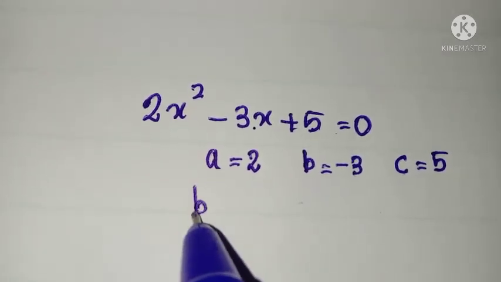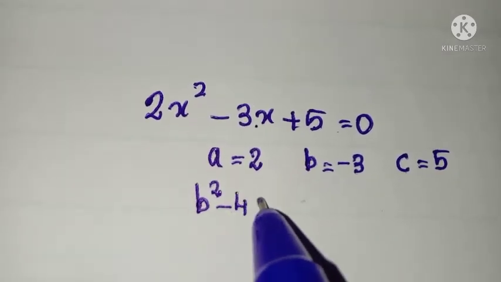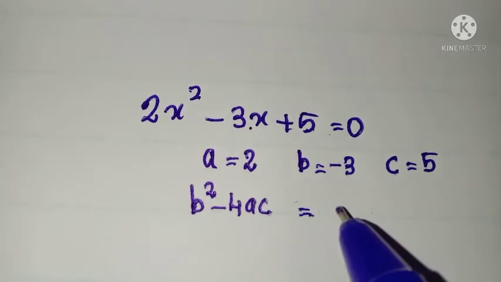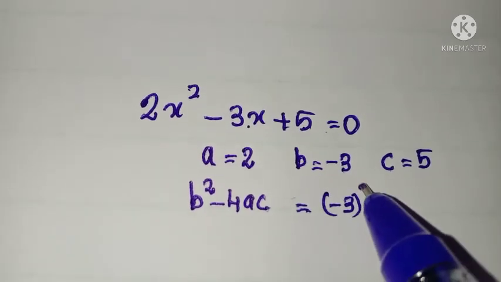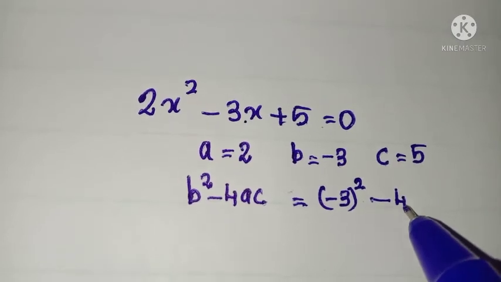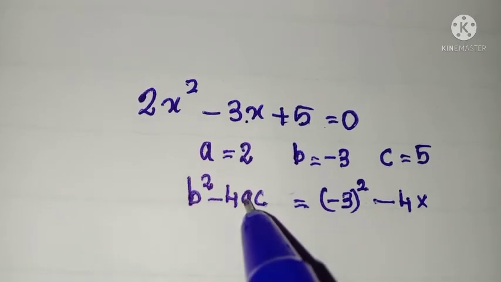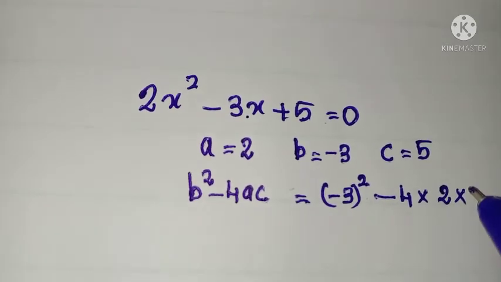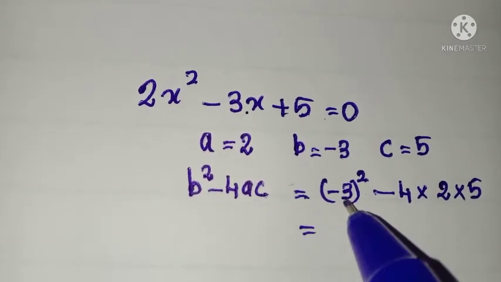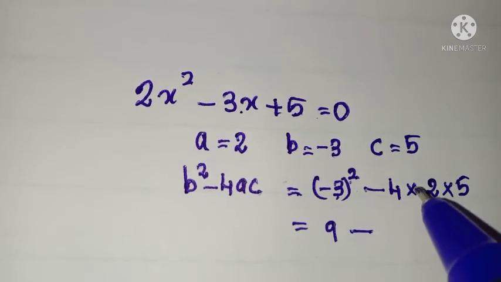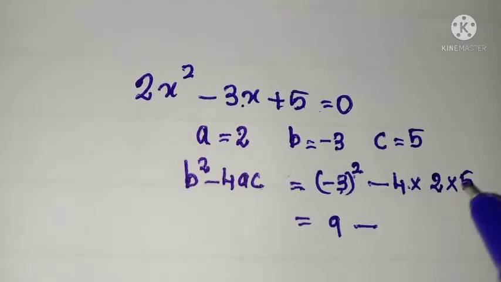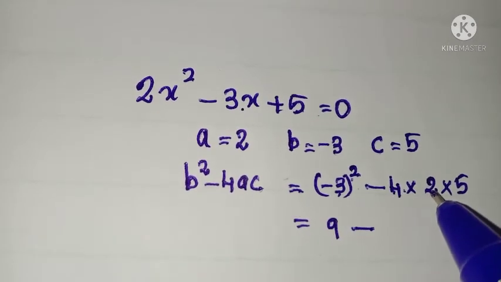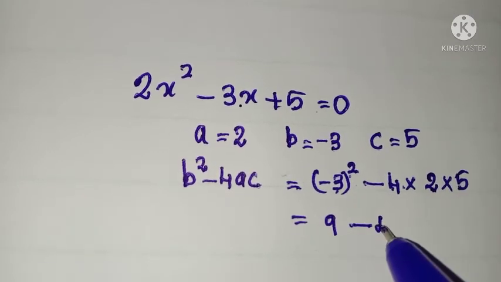Now find the discriminant b square minus 4ac. So this is equal to minus 3 square minus 4 into a, 2, into c, 5. Minus 3 square is 9. 4 into 2, 8. 8 into 5, 40.